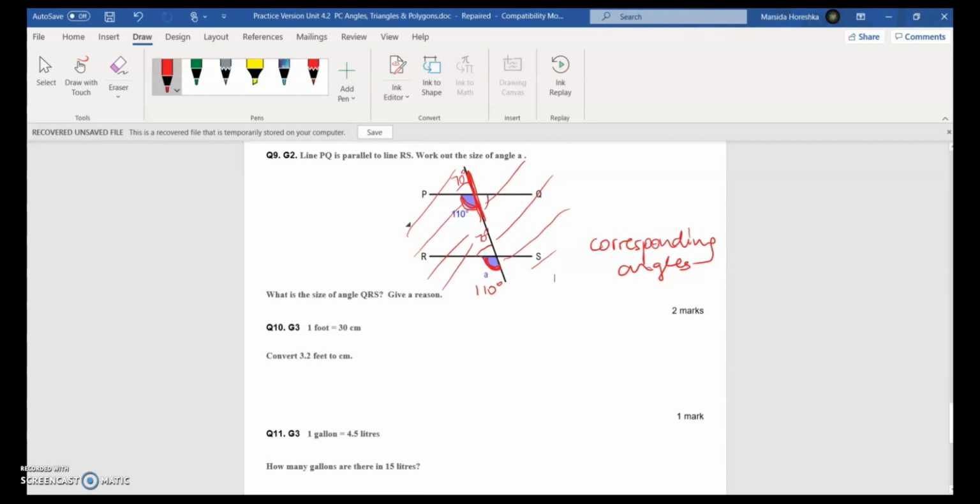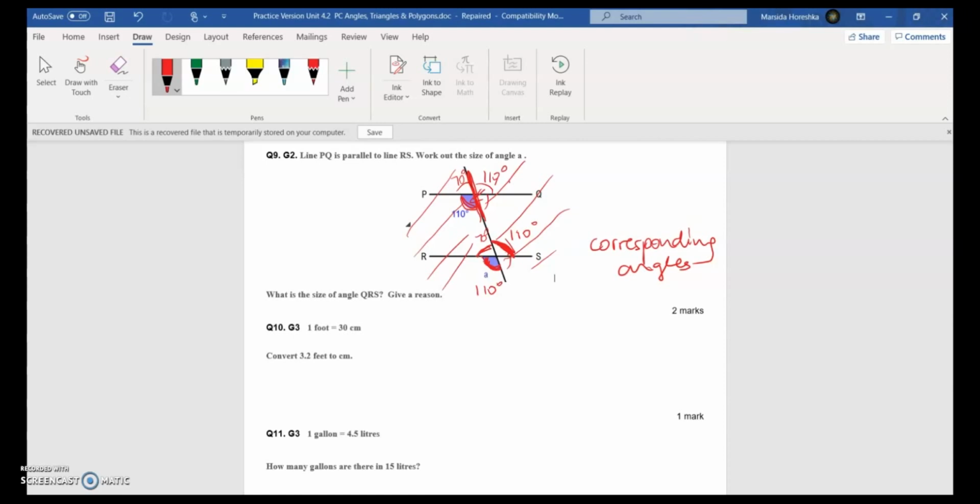Now this would be corresponding with this, and this would be corresponding with this. Now we have angles which are vertically opposite each other. So A is vertically opposite this one. So this must be 110 as well. And this is 110 as well, because it's vertically opposite this one, but it's also corresponding with this one here as well.